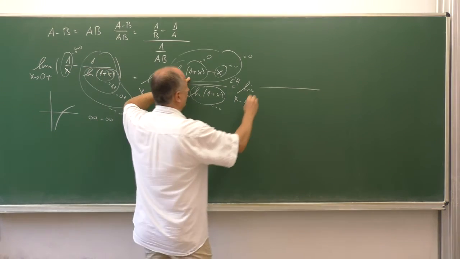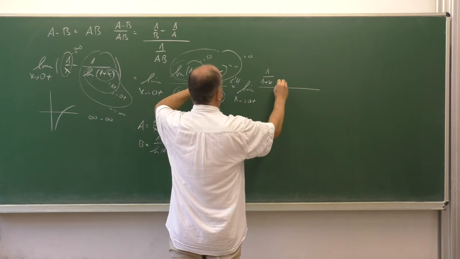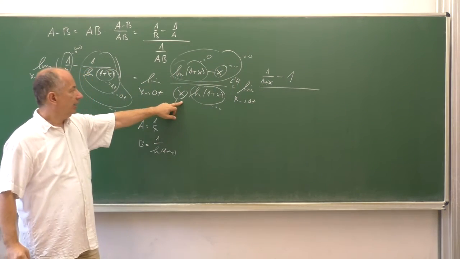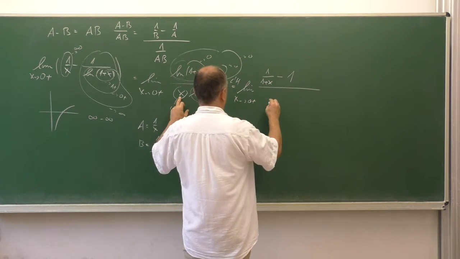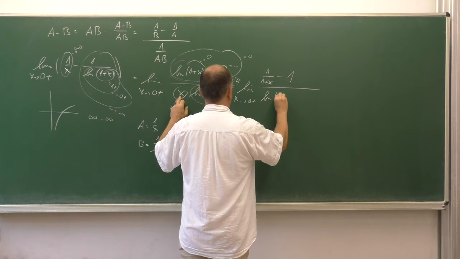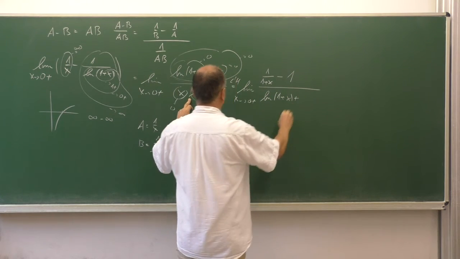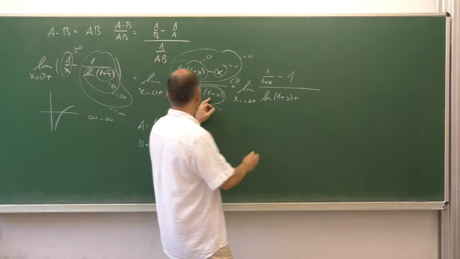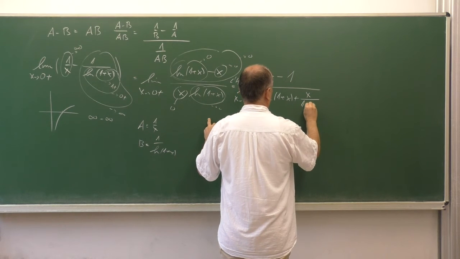Derivative of logarithm is 1 over the argument, 1 over 1 plus x, minus derivative of x is 1, and here we have a product. Derivative of the product is derivative of x, which is 1, times logarithm of 1 plus x, plus x times derivative of logarithm, which is 1 over the argument, so this is x divided by 1 plus x.